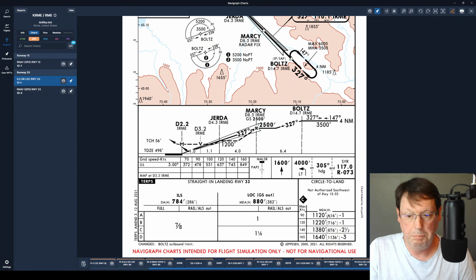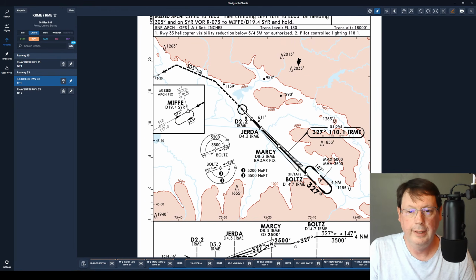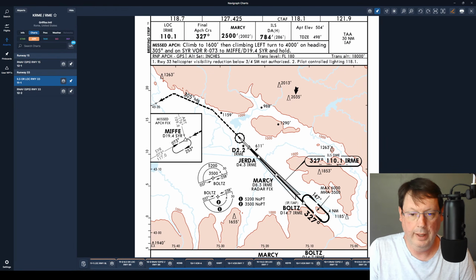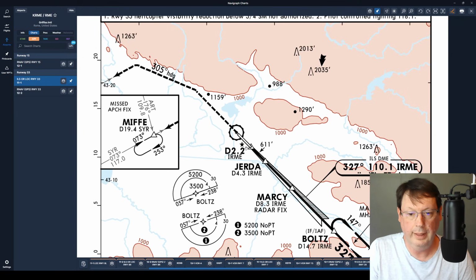So you're above the MDA of 1120. Clouds are at 1,400 feet. What you can then do, if you're coming in this way, you break off the approach, you turn right, you go around this way, and you make a traffic pattern and turn and come in and land in the opposite direction. That's the only choice you have because you don't have a GPS.